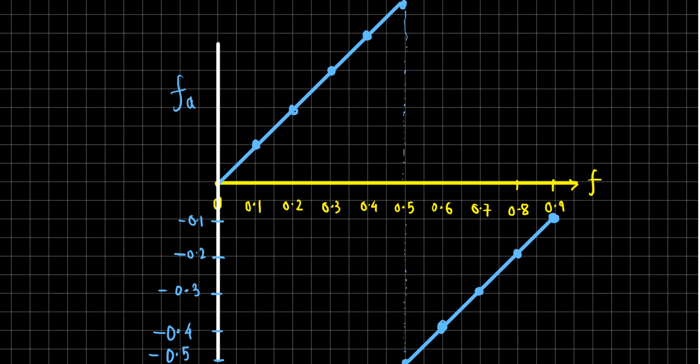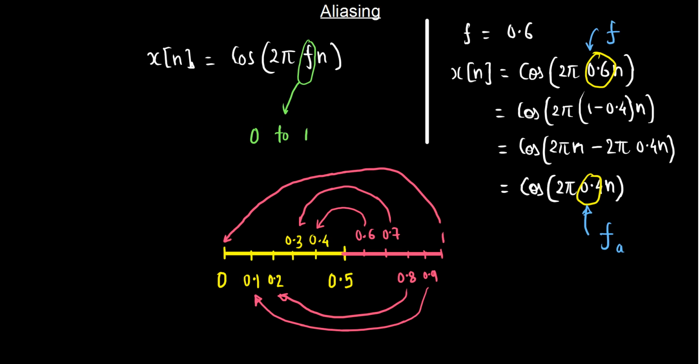Well, what does that mean? We have named the new frequency to which it is getting mapped as fA, which is also called the aliased frequency. You may see that here 2 pi 0.6n is the same as 2 pi 0.4n.